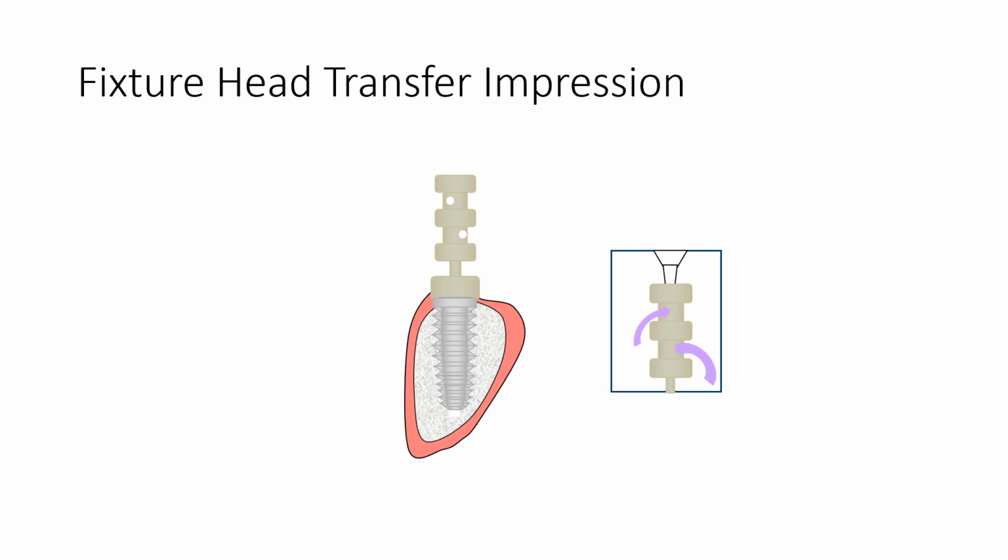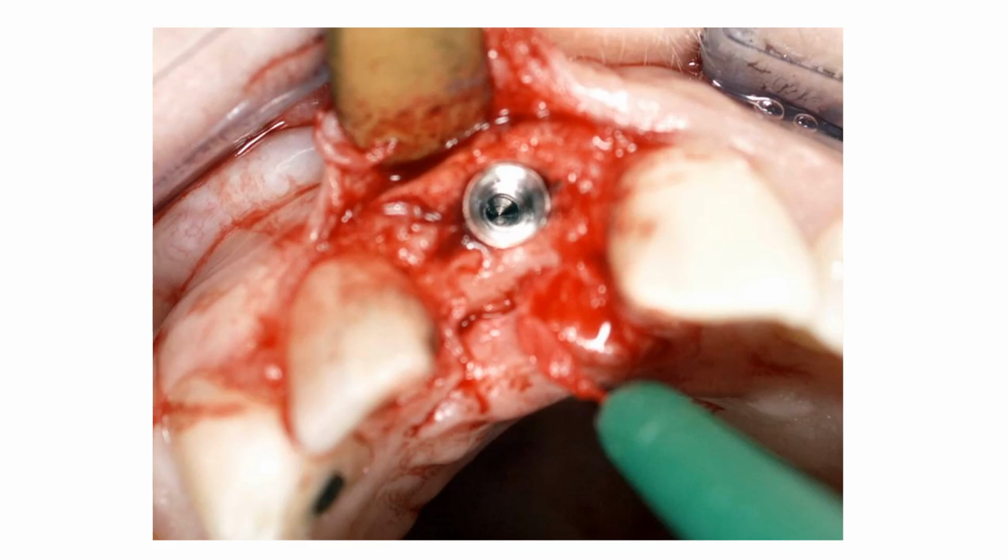And again, the impression material should be injected down through the quick transfer so that the venting ports allow impression material to pass through, locking the quick transfer securely in our impression. Once the impression has been taken, obviously the healing abutment can be reconnected. This picture shows an Ankorlock implant which has been inserted, and it is intended to take a bone level impression at the time of placement.